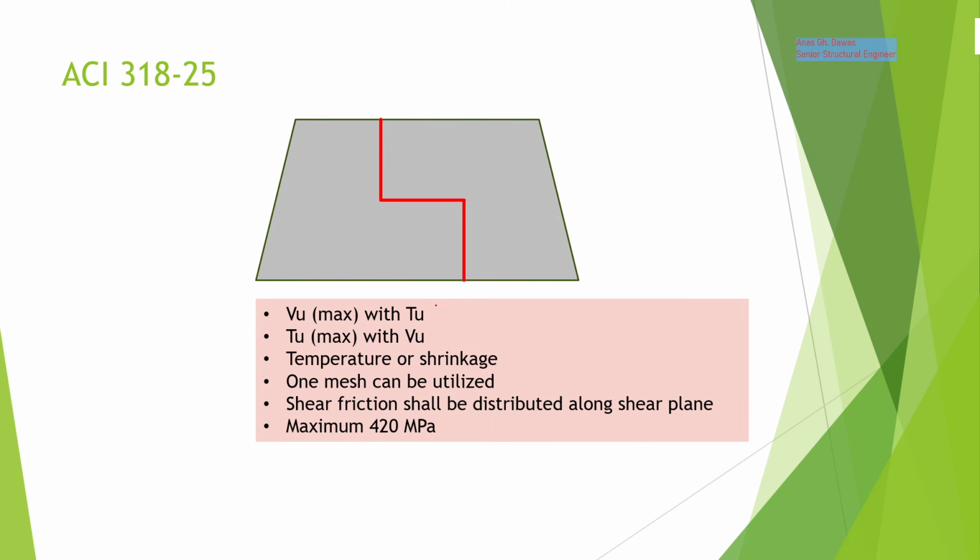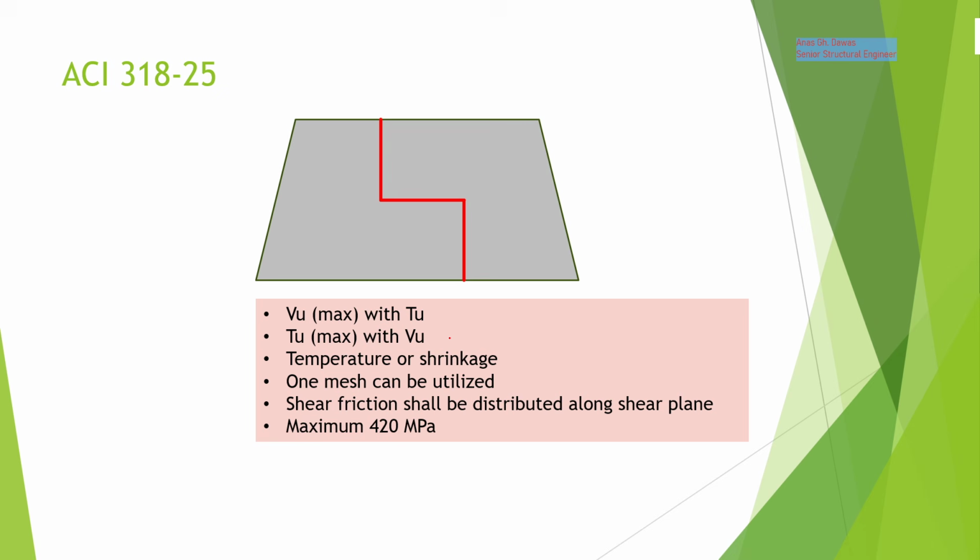Again here, assume that this is a plan in the raft, and here you have a construction joint. You have to perform the shear friction calculations based on the maximum shear force with the corresponding tension, if you have a tension, and also another time for the maximum tension with the corresponding shear.